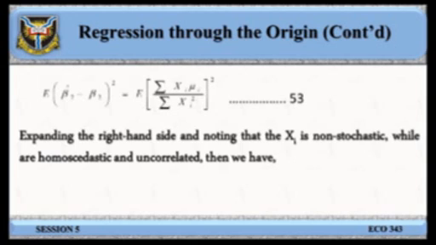Expanding the right hand side and noting that the xi is non-stochastic while mu i are homoscedastic and uncorrelated, then we have the equation below, where variance is equal to summation ui estimator squared over n minus 1, equation 55.